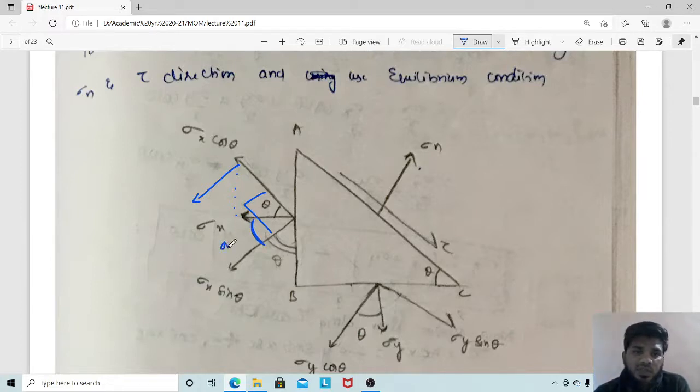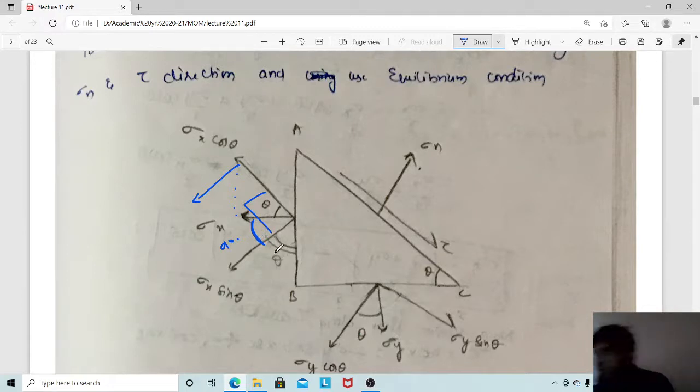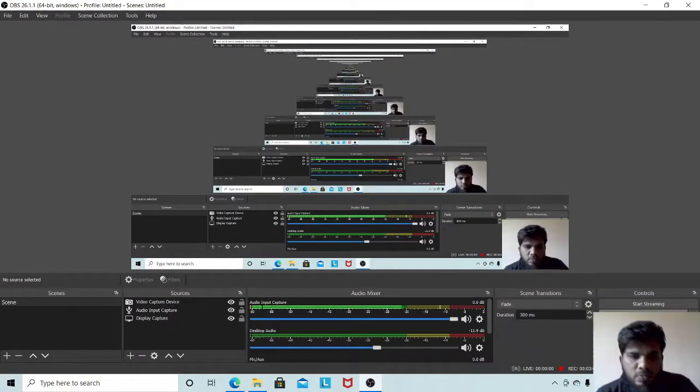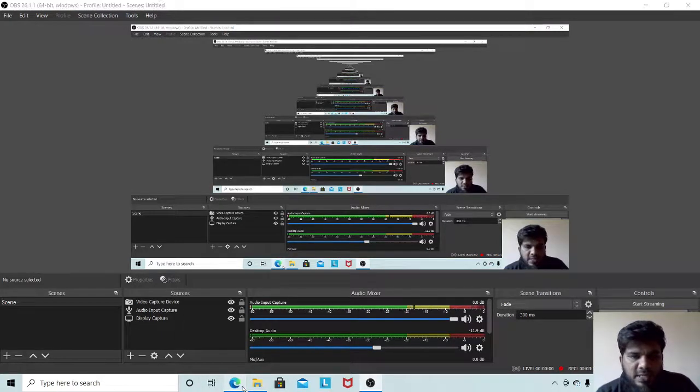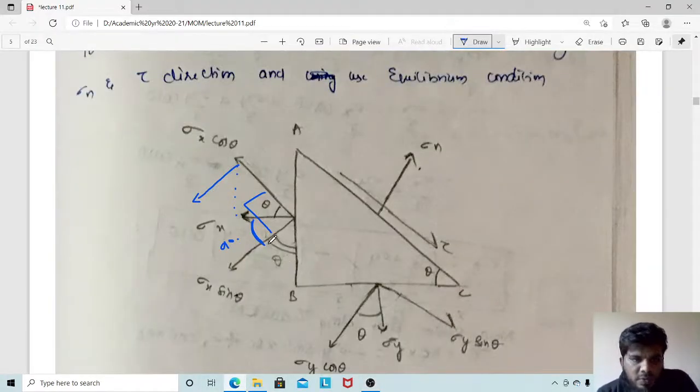Try to analyze very clearly; I am trying to explain this properly. So this is theta, and this is 90 minus theta. Sorry for the inconvenience. See this horizontal line and this vertical line.